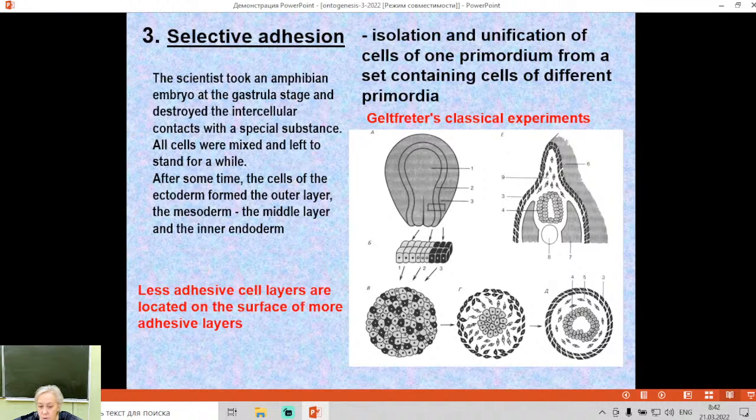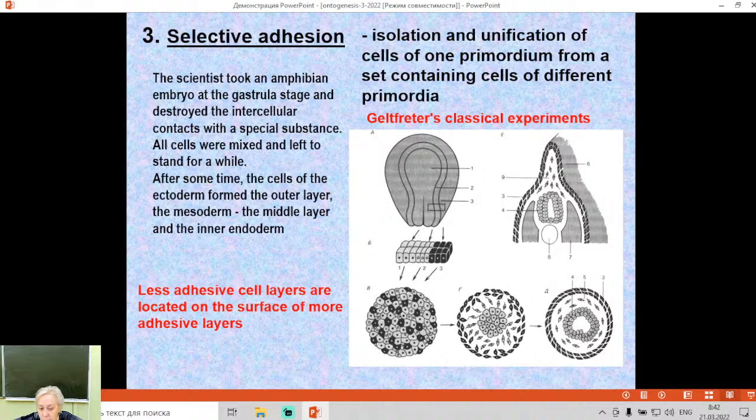The scientist took an amphibian embryo at the gastrula stage and destroyed the intercellular contacts with special substances. All cells were mixed, and you see on the slide, and left to stand for a while.